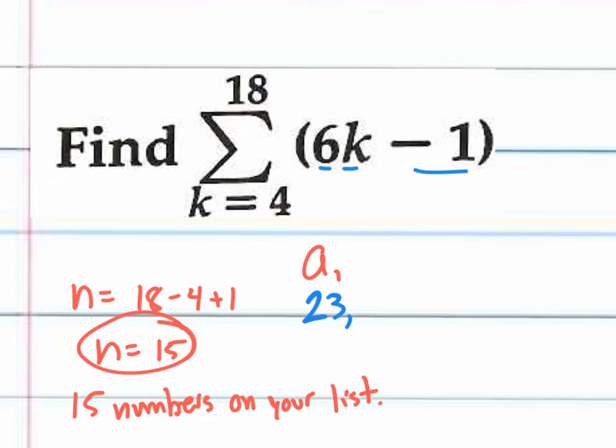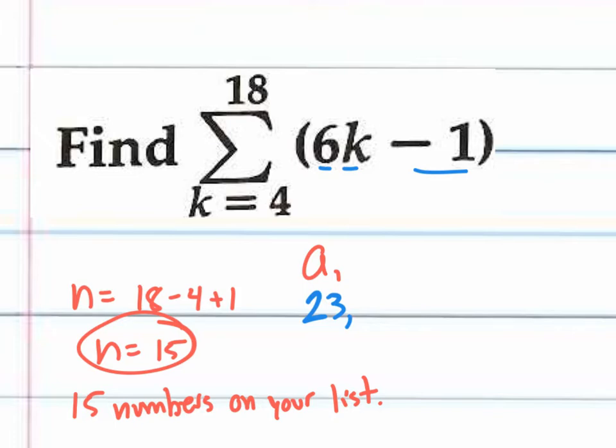Okay, so if you wanted to, you could find a sub 2, the next number on your list. You could plug in 5 to find a sub 2, and then 6 to find a sub 3, and then 7 to find a sub 4, and plug in 18 to find your a sub 15. Does that make sense? I hope so.